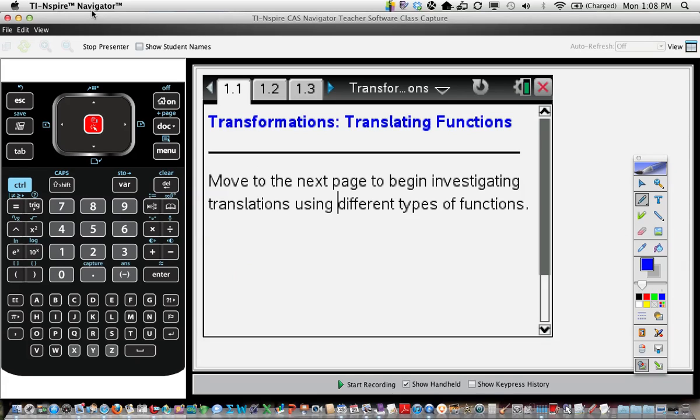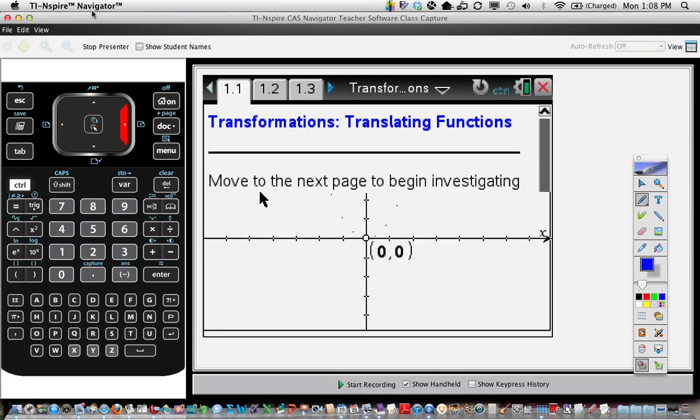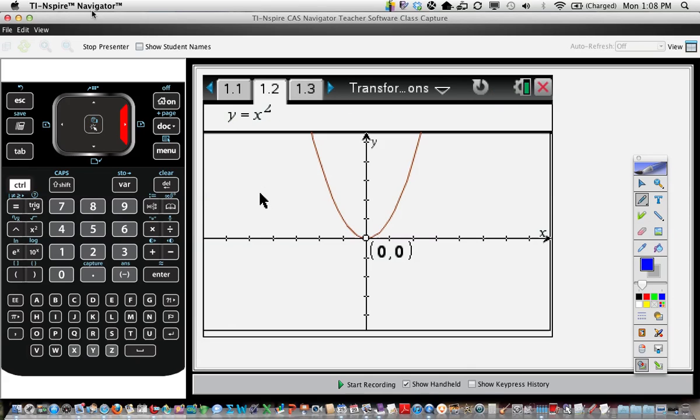All right, go ahead to the next page. Control right arrow will take you to the next page. Okay, and we've got a basic parabola there. Can you grab that point in the middle there? I just found these this morning or last night. I just downloaded them this morning onto my calculator to send to you, so I haven't had a chance to really play with it.